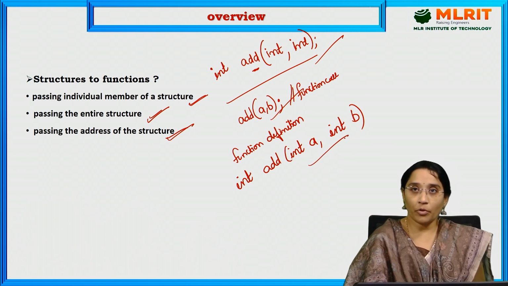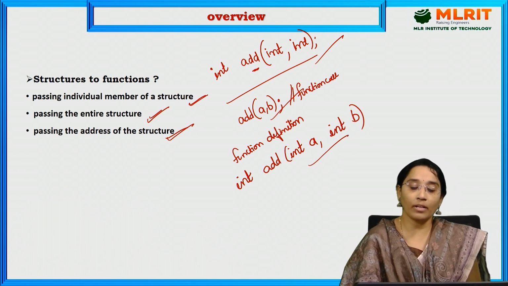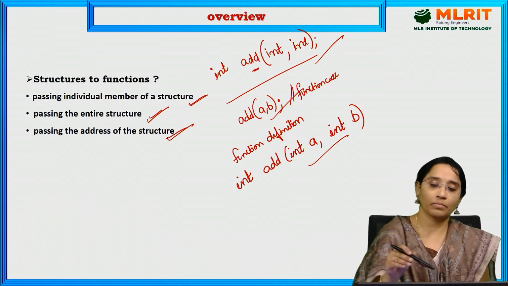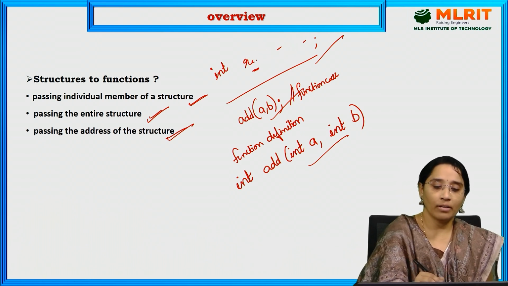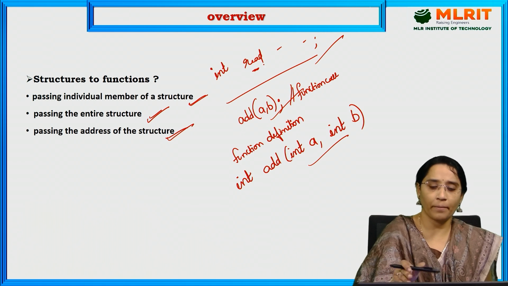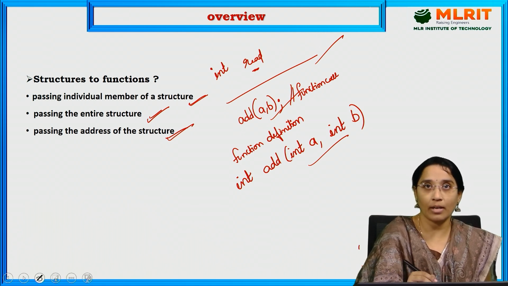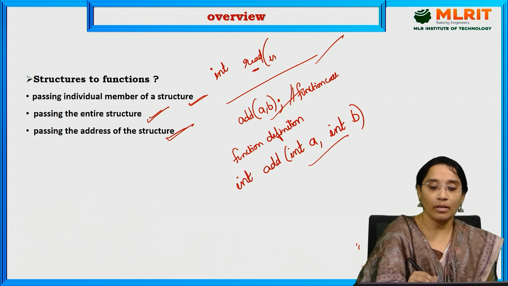If you want to pass an array as an argument in functions, how will you do it? Let's consider a function named read. Suppose I ask you to pass a 1D array as a parameter.